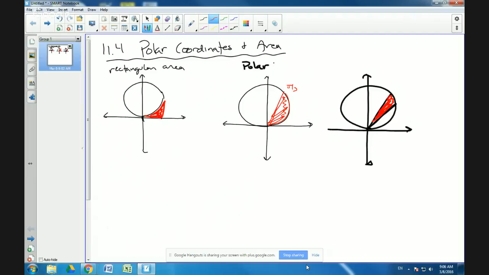There's a difference there. You've got to kind of switch your brain cells a little bit when you get to polars.